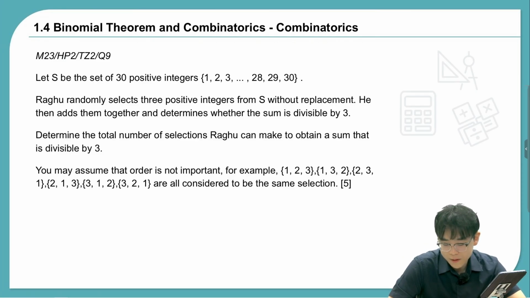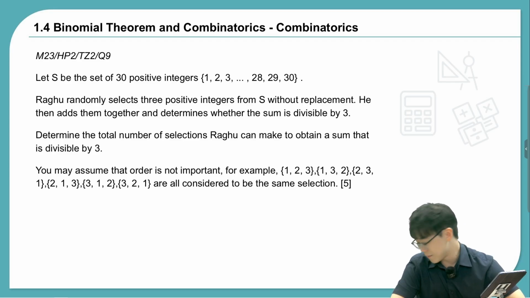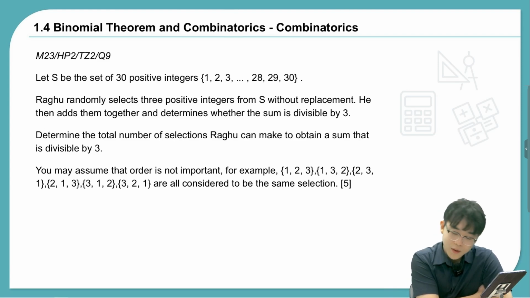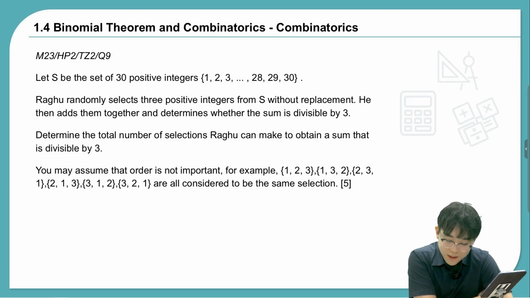We have a set of positive integers, 1 through 30, and Raghu randomly selects 3 positive integers from S without replacement, so each number can be chosen once at most, and then we're going to add them and check if the sum is divisible by 3. The order is not important.